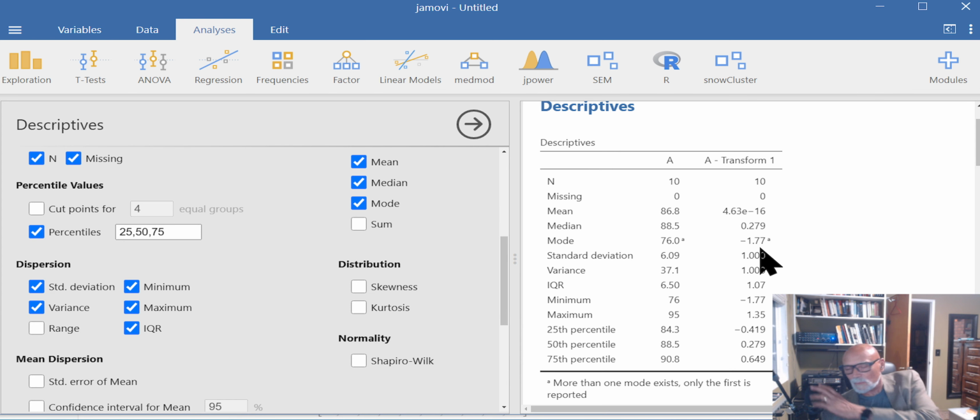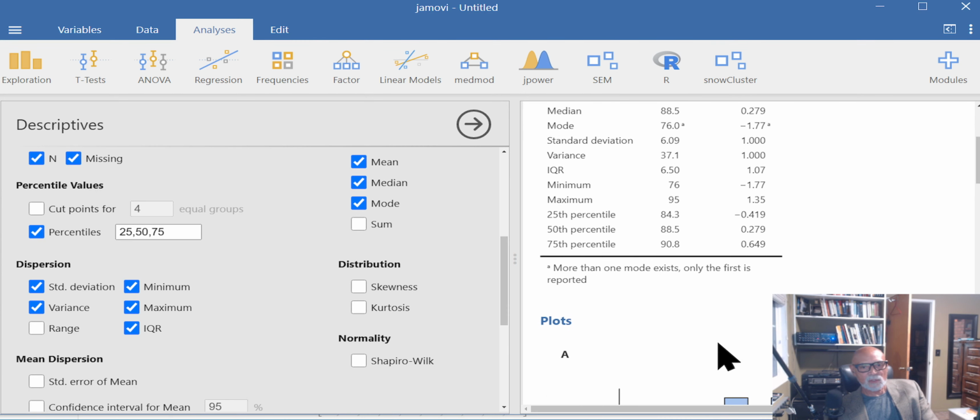And we also have a standard deviation for our transformed variable of 1. And so that means that now we are looking at a mean of 0 and a standard deviation of 1, where we have taken this variable and transformed it into a standard variable, and another name for that is z-score.